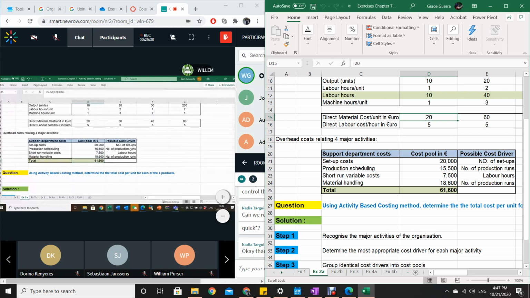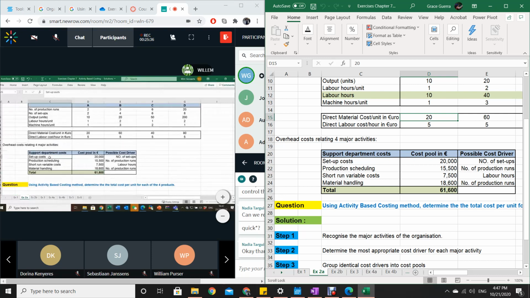And already in the given, you have the possible cost driver, but I think it's quite logical. For the setup costs, it is the number of setups, because you know the number of setups. Production scheduling, you can say the number of production runs. For the short-run variable cost, you can take the labor hours, and for material handling, you take also the number of production runs.